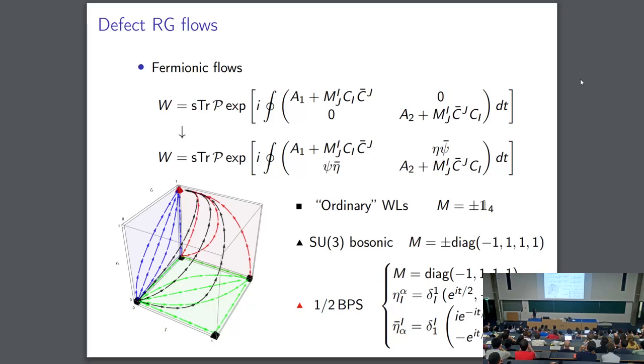And here you flow to a half BPS configuration. So what happens here is that you have supersymmetry enhancement because you have SU(3) R symmetry. So you see it's a triangle here. And this operator has been constructed in 2009 by Trancanelli and Drukker. So this is a special fixed point.